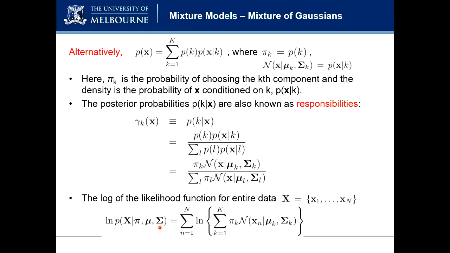I maximize P(x given theta), and under the IID assumption, it's a product rule, and then if I take the log, it becomes the sum over the data points, 1 to n, of the log.